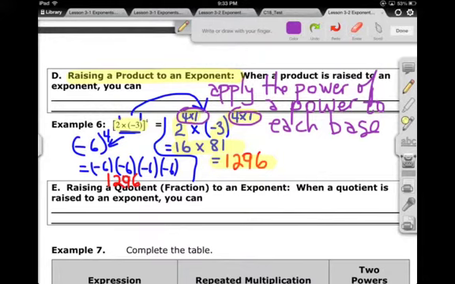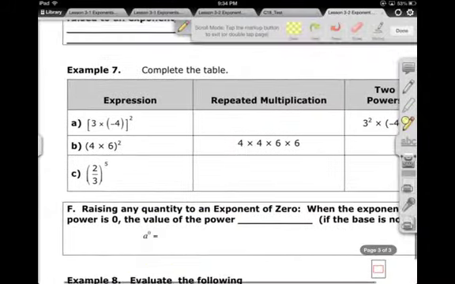So what happens if you get something like a fraction? Now, don't let it throw you. Sometimes you would say a fraction's answer is a quotient, like 1 divided by 2 is 0.5. What if you had a fraction raised to an exponent? You have the top and the bottom, the numerator and the denominator. Well, you have to treat the top and the bottom the same, right?